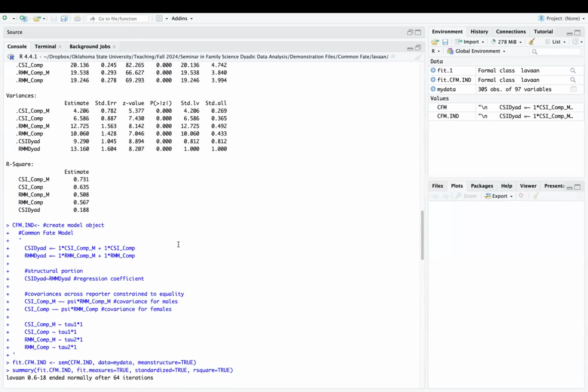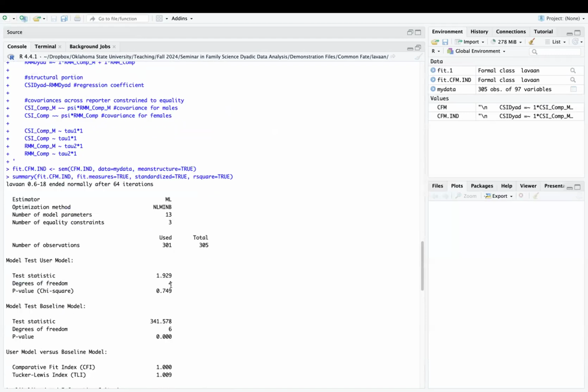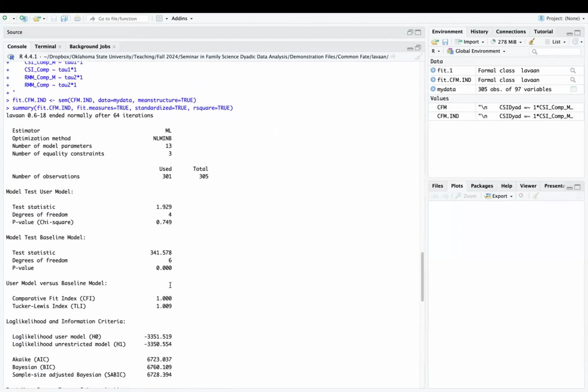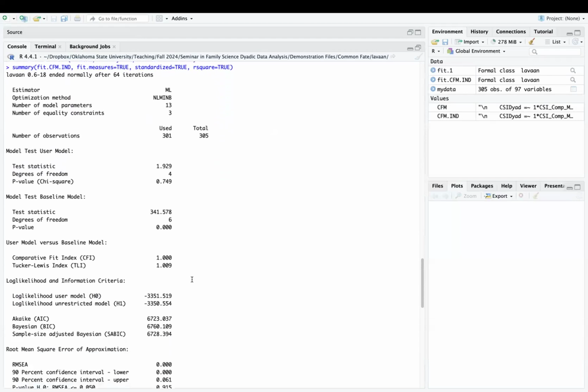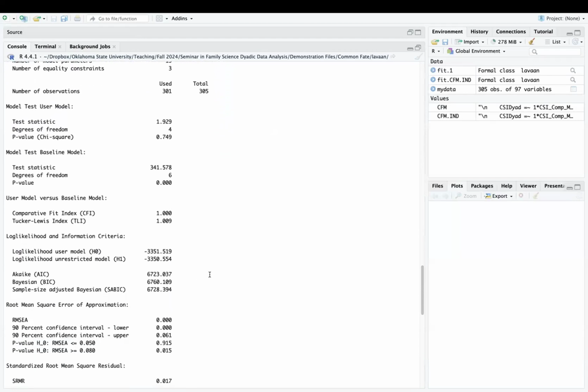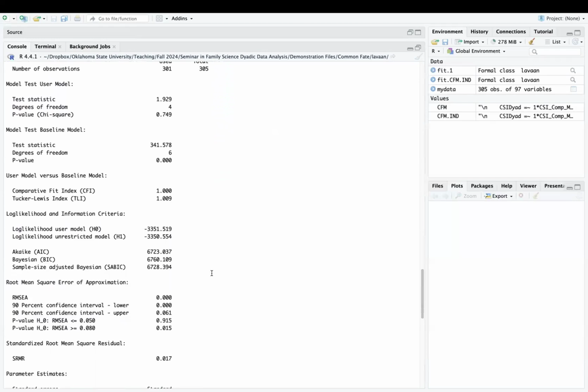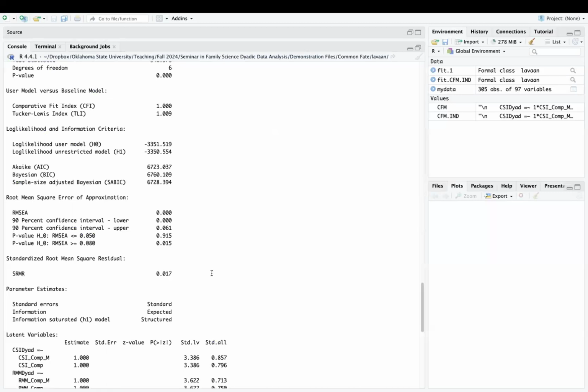So by imposing these 3 additional restrictions, our chi-square only went up by about 1.2, which is not a lot. And it's going to be substantially below that critical value. So we can say that the dyad members here, although theoretically distinguishable across gender, are not empirically distinguishable from one another, and they can be used interchangeably.